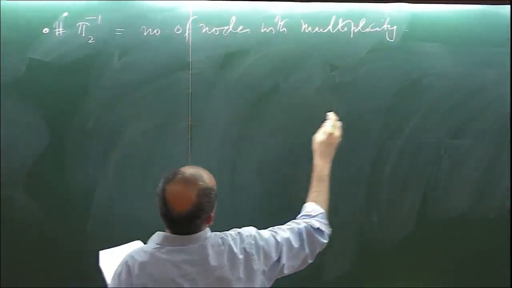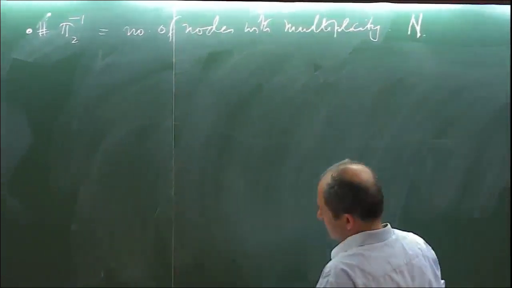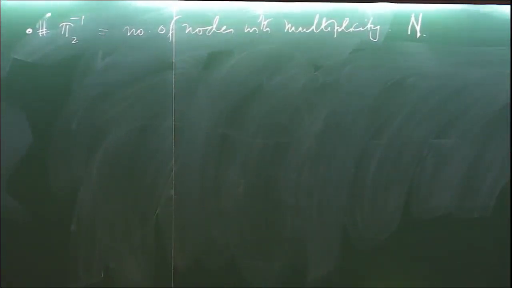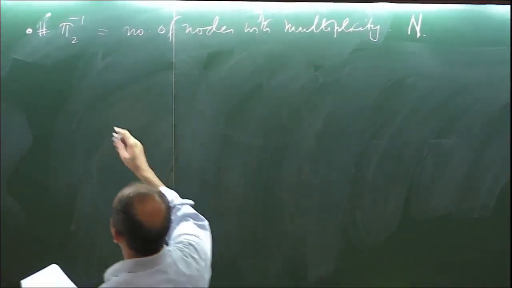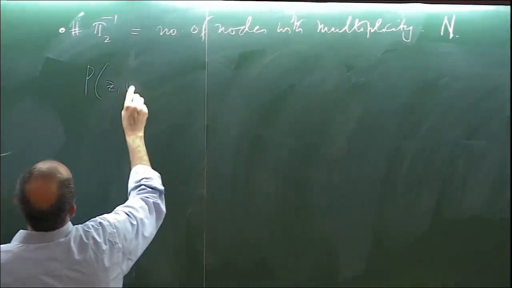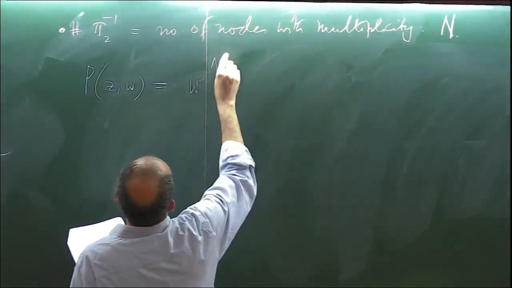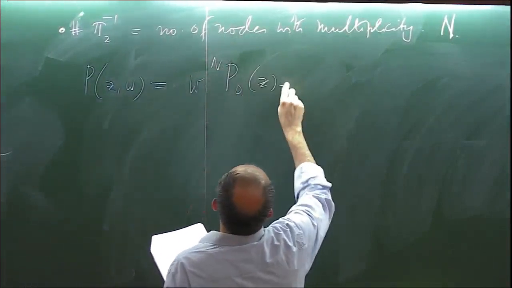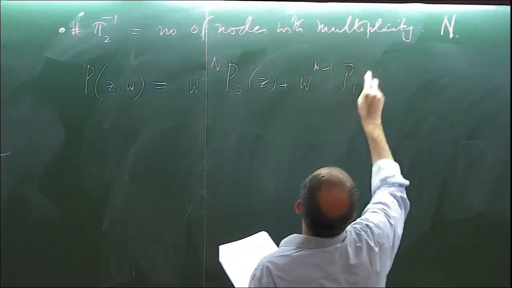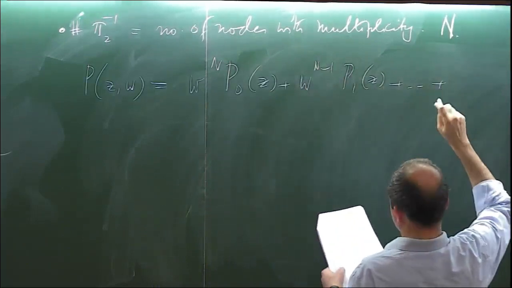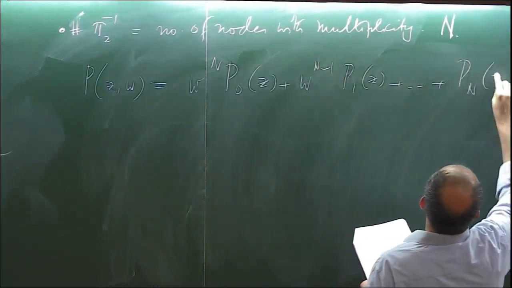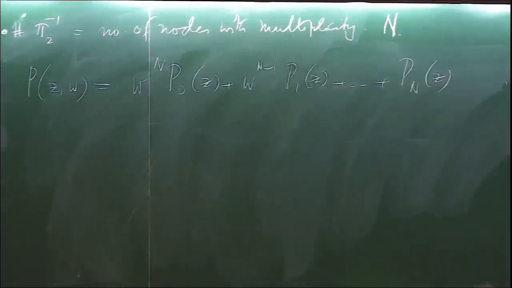So let's call this capital N. Right? So I can write down my polynomial P of Z,W right here as W to the N P0(Z) plus W to the N minus 1 P1(Z) and so on. That's P capital A. So this is your defining function for A.